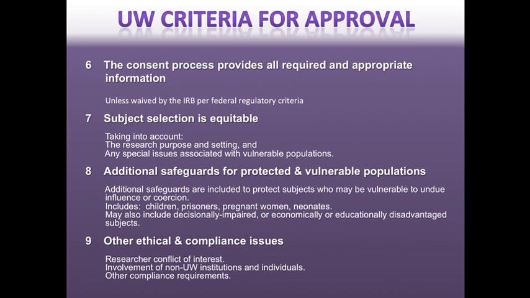They also look at the consent process, and they look to make sure that they're really addressing all the information that a participant would need to know about the potential risks, about what's going to happen, about their protections of various sorts, about their ability to withdraw at any time from the research, things like that. They also look at questions around whether or not the participant selection is equitable.